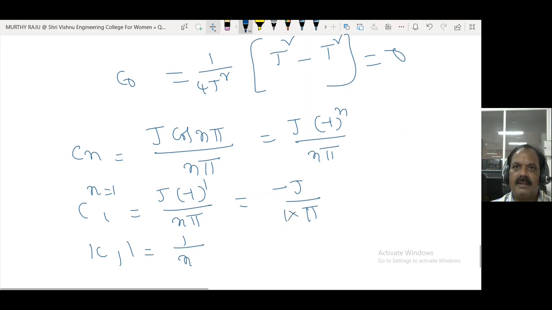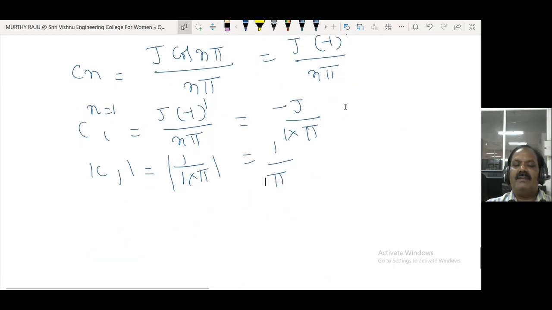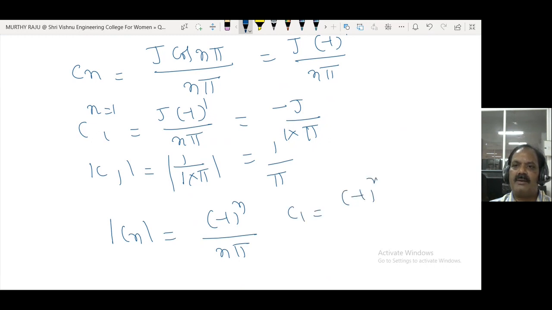Here also n is equal to 1. 1 into 5, that is 1 by 5. C minus 1 is also generally mod Cn is equal to the j term is removed, minus 1 whole power n by n pi. For n is equal to 1, C1 is equal to minus 1 whole power 1 by 5.